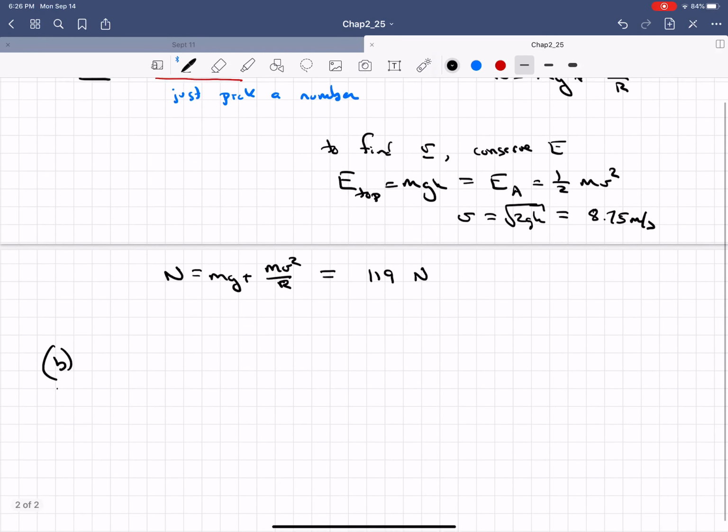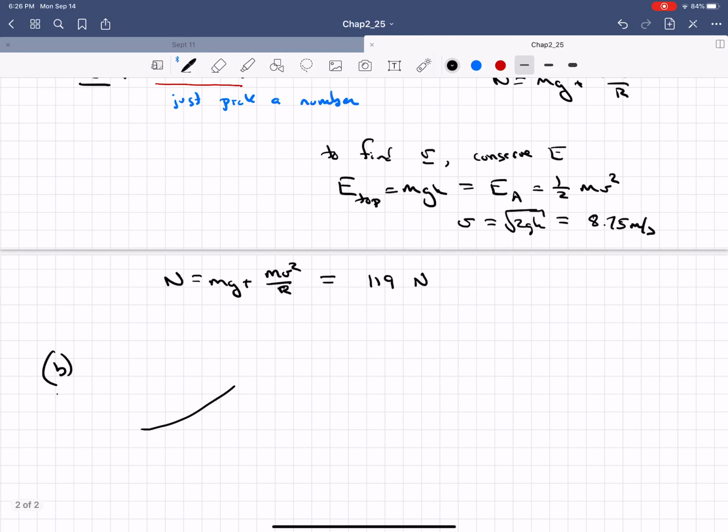Now we're also supposed to find, after the object is swung up here, the normal force at the point B. Now, in this case, the best thing to do is to arrange your axes such that the y direction is again going with the center of the circle.